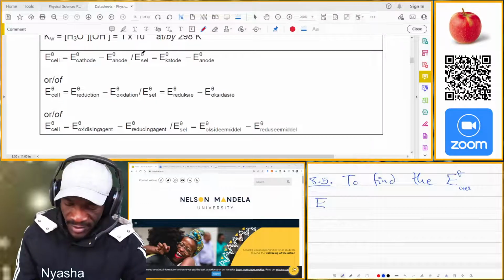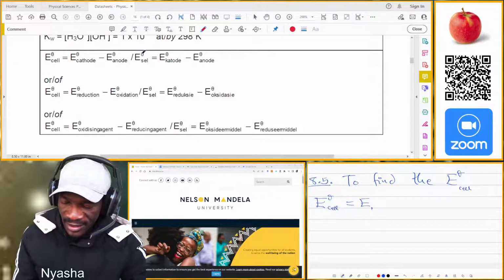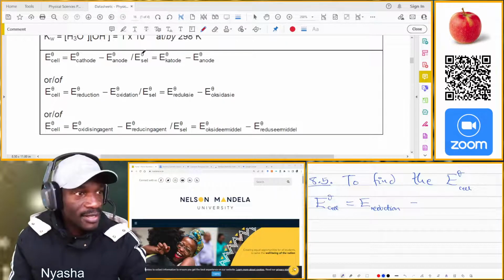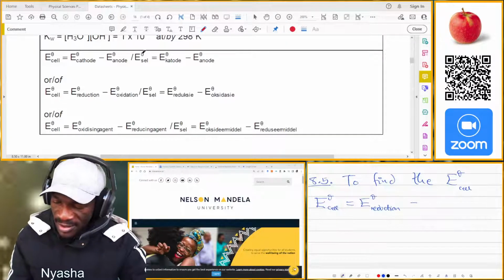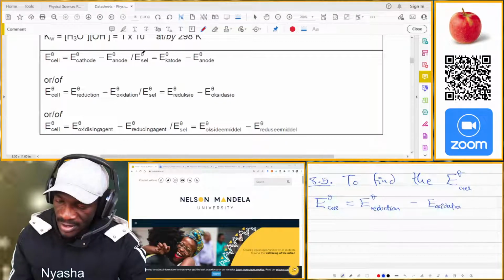E at standard conditions of the cell is equal to E of the reduction process minus E of the oxidation process.